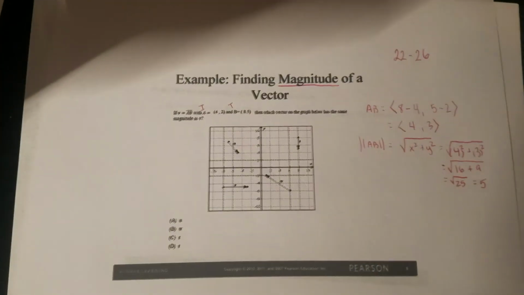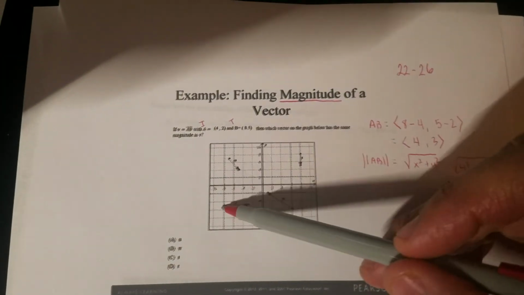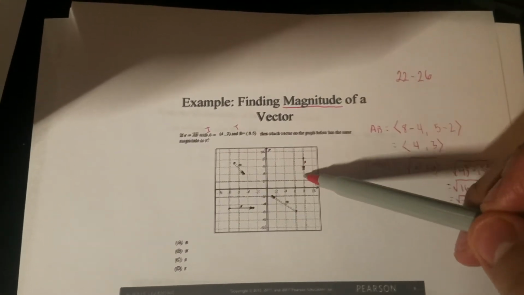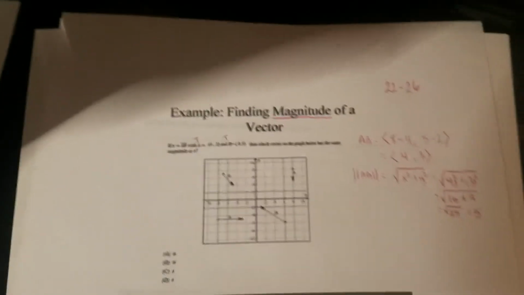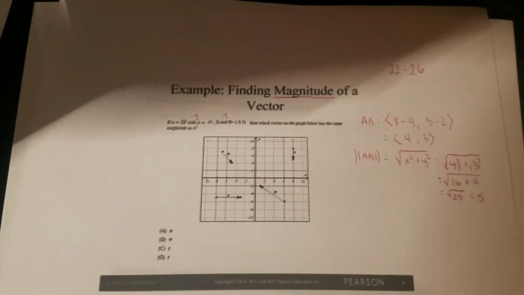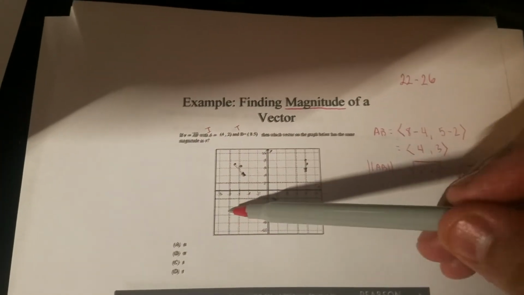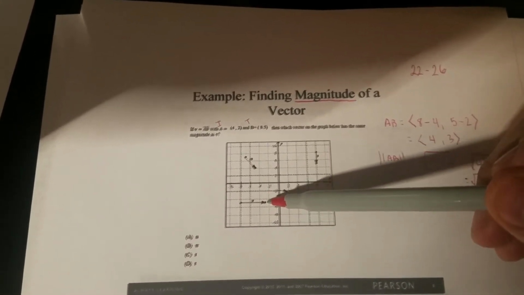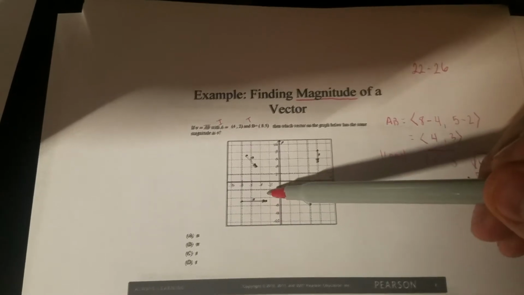So work smart here, guys. I'm going to choose this one right here. This is answer R and answer T to start with. The reason I'm going to do that is because the magnitude is very easy on those. This one's moving in the x direction, so it has an x component, but it doesn't move up and down, so it's going to be 0 for the y component.